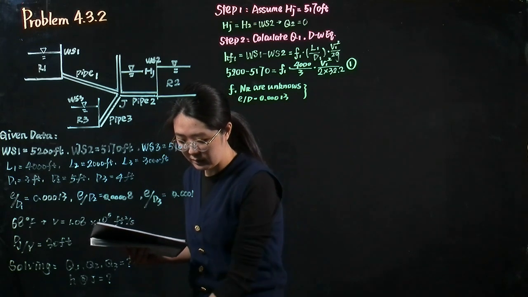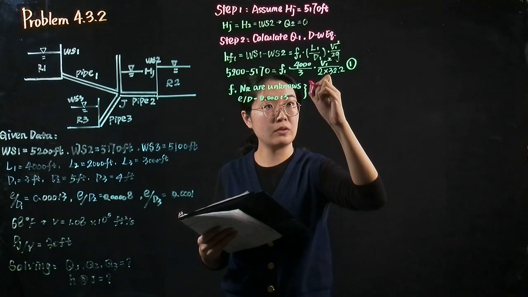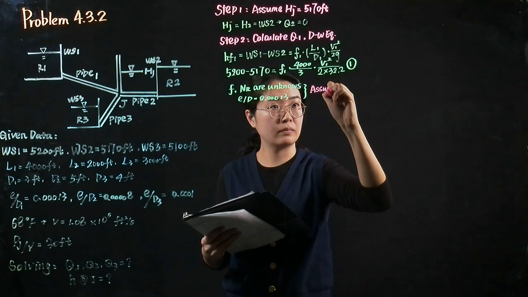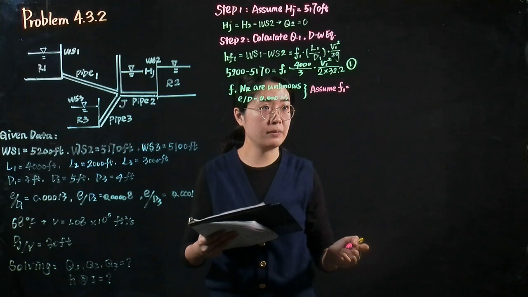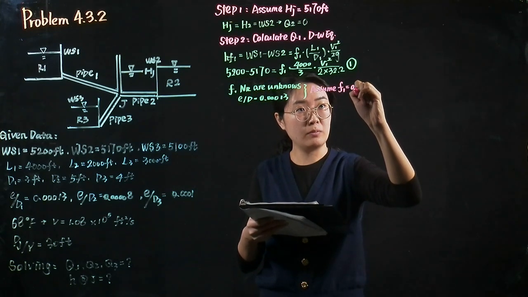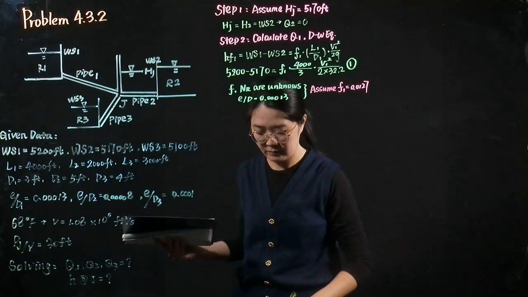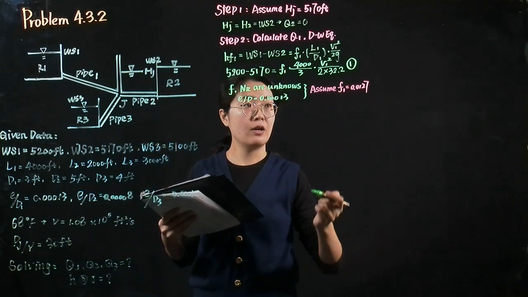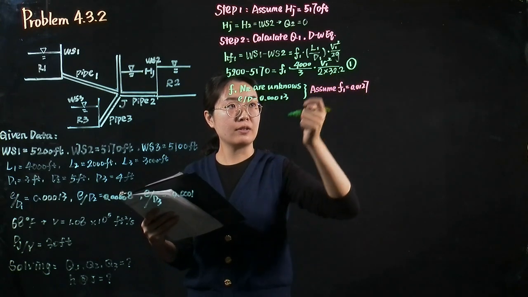Then we need to make an assumption. We assume the friction factor in pipeline 1 equals 0.0127. After we get the value of the friction factor, we can bring this value back into equation 1 to solve for the velocity.